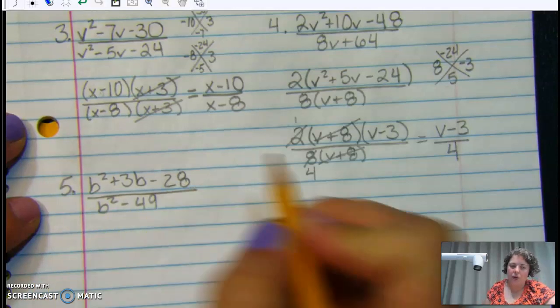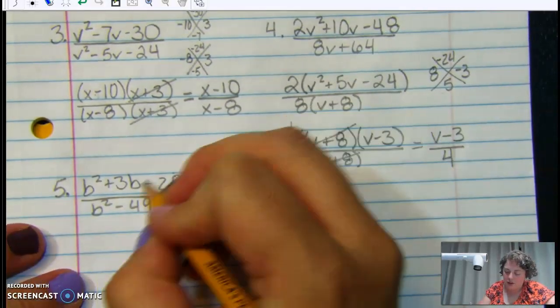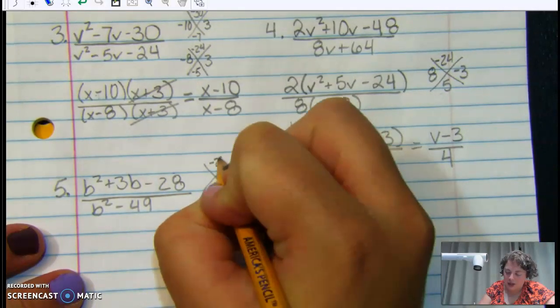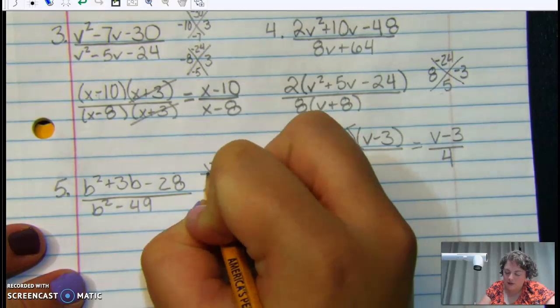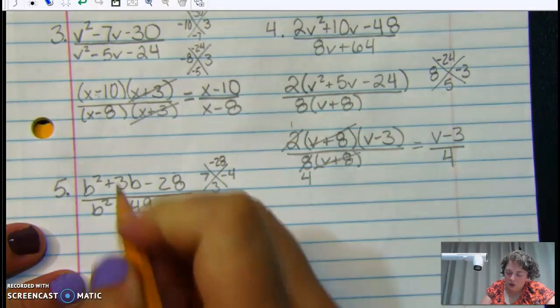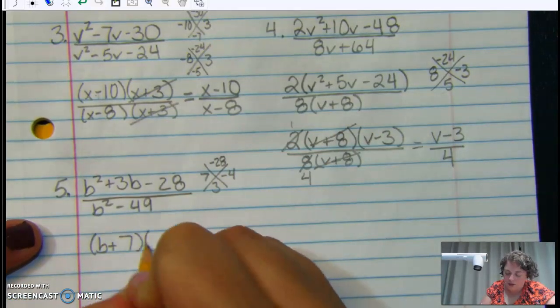All right, so this one, again, we're going to do factoring the trinomial on top: negative 28, positive 3. So that's going to be positive 7 and negative 4. So I have b plus 7, b minus 4.